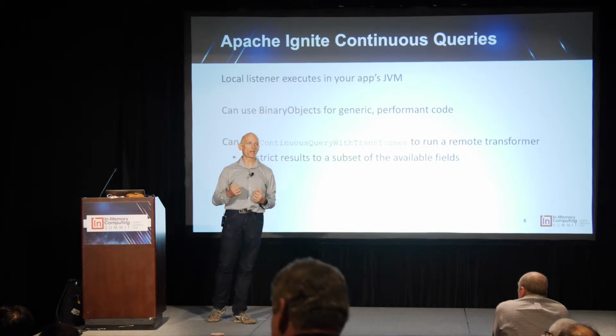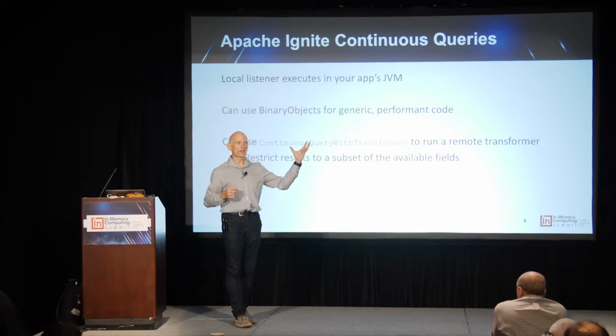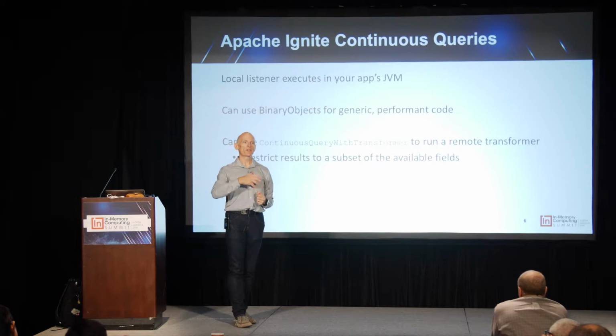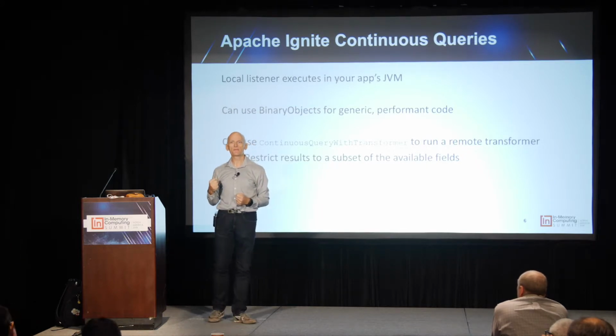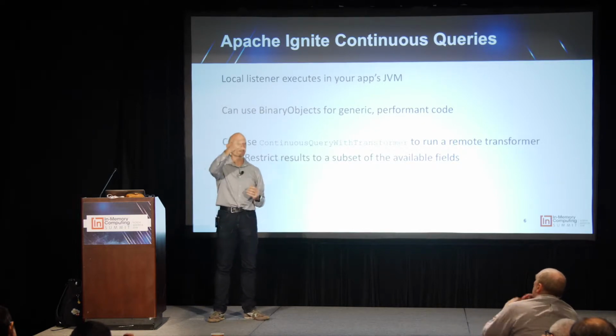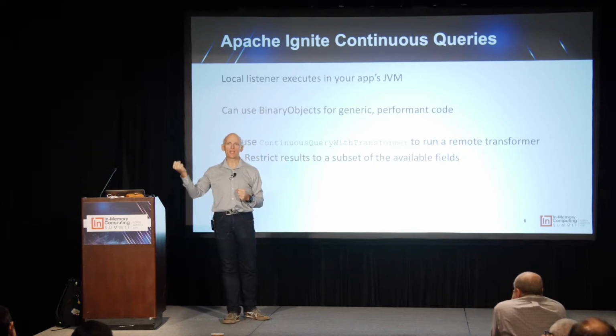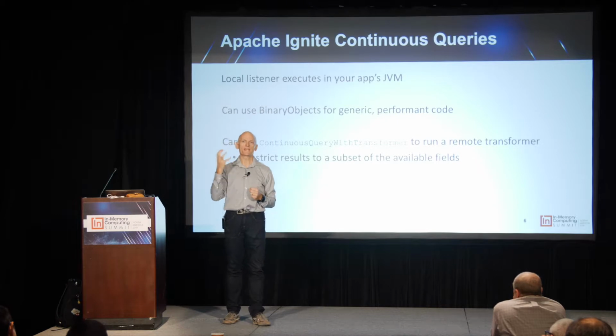So a binary object is a very generic object where you can say, OK, I've got a key, and then I've got some data that's in my cache. And the benefit for me was that I was able to ship lots of different data, fill up different caches in Ignite, and have generic code to read that data out.